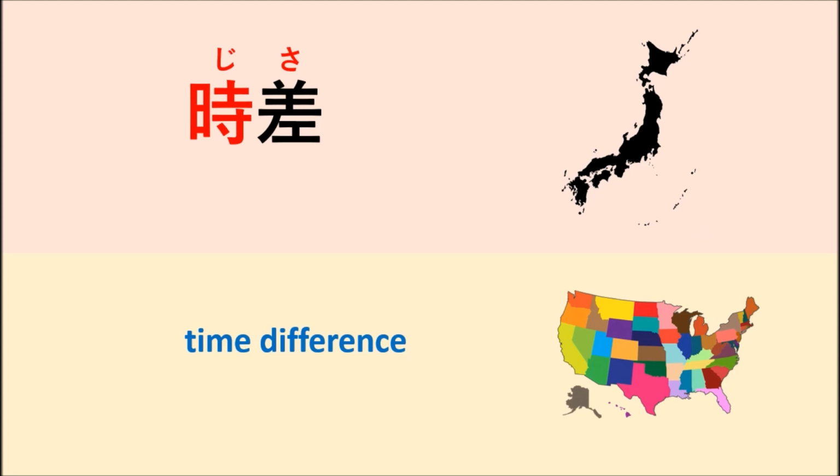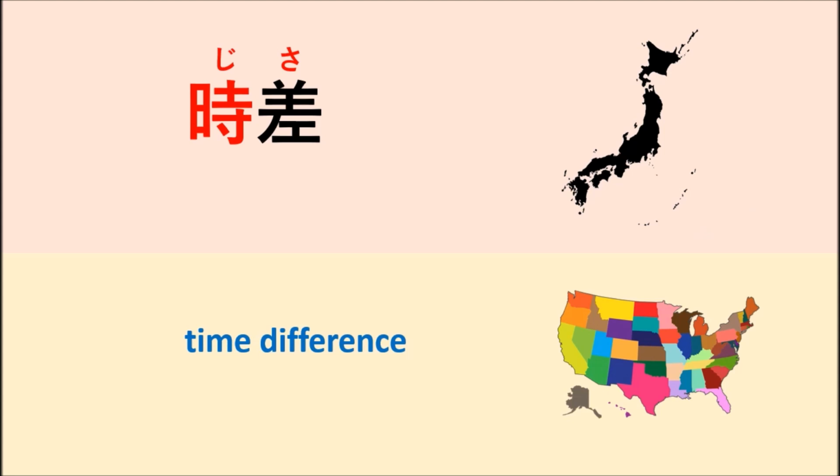時差 means the time difference. For example, you can ask about the time difference between Japan and the United States. 日本とアメリカの時差は何時間ですか？ It means what is the time difference between Japan and the United States?